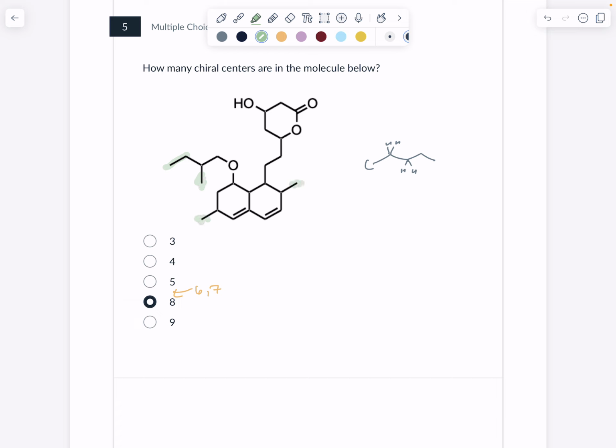So all these things that I'm highlighting in green, these are ones that I'm immediately like, oh, they don't have what I'm looking for. This must have 2 hydrogens. This must have 2 hydrogens. Any carbon angle that doesn't have anything bonded to it must have 2 hydrogens. So I immediately get rid of any of those sp2, sp3 hydrogens or carbons with no substituents on them. And then I'll check what's left.